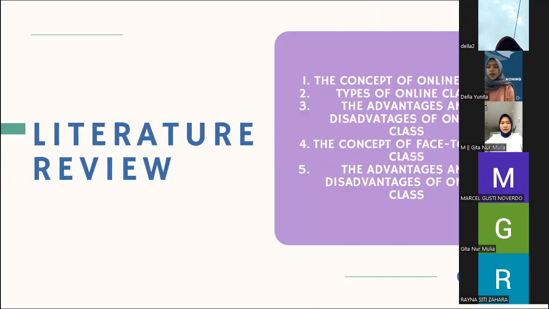So the literature review. The first is the concept of online class. Internet-based education is referred to as online learning. E-learning is one of the names that is frequently used to describe it. Online education is simply one kind of distance tool. Additionally, interactive telecommunication systems are needed for online learning in order to link educators and students as well as the different resources that are required for it.